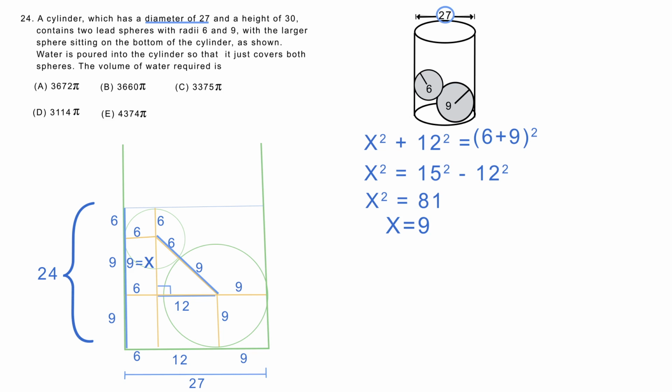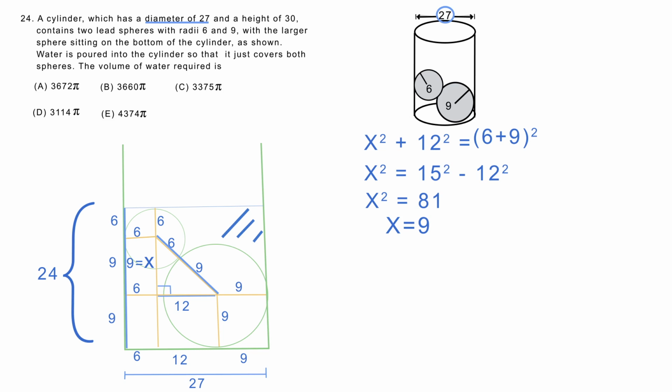So now what do we have to figure out in this question? How much water is in this cylinder to that level? Okay, I don't want to mess this up too much, but you get the point. The water obviously cannot be inside those green circles because those green circles represent lead spheres that obviously water cannot go inside.